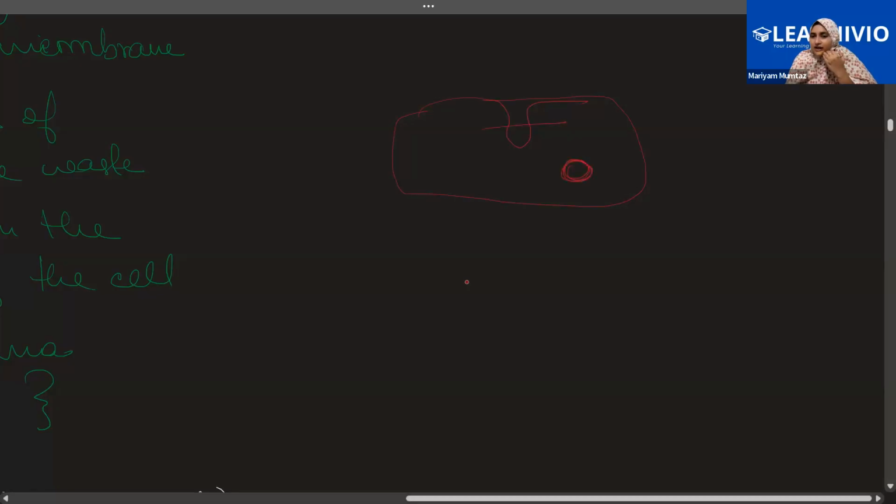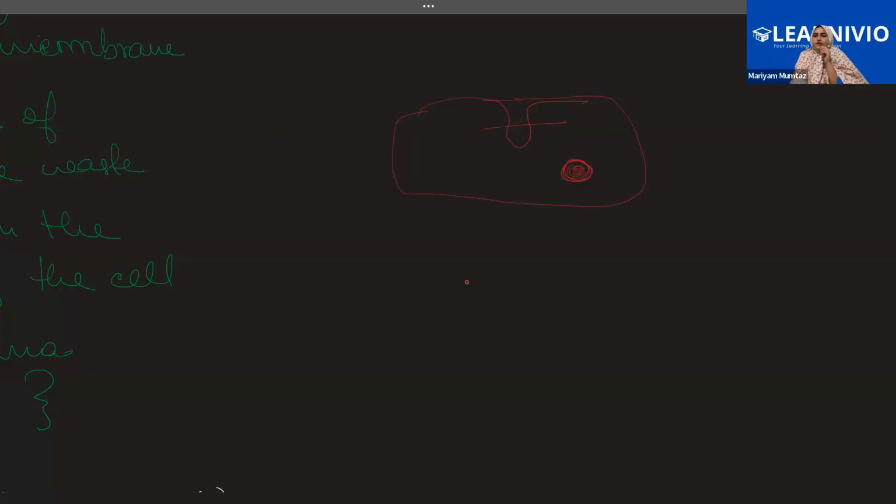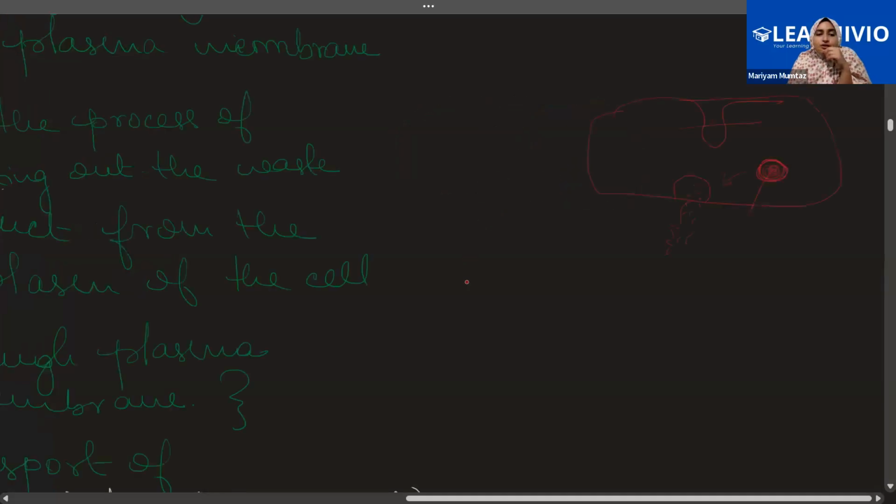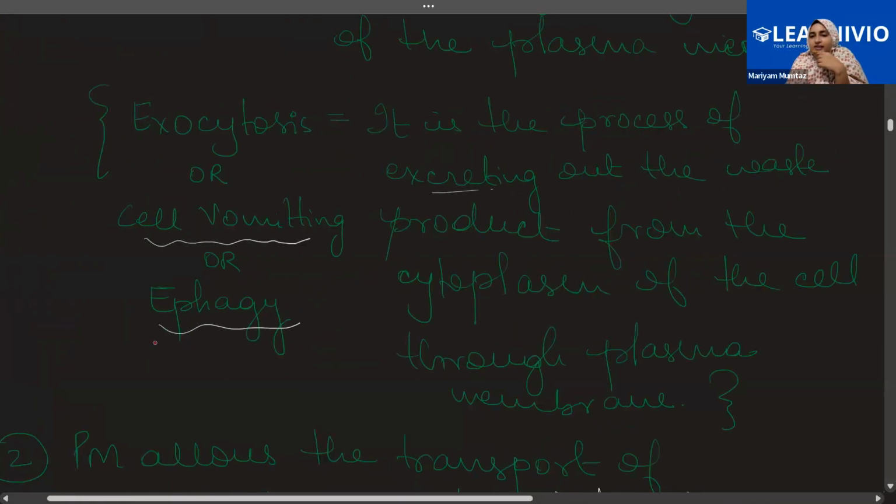So now the stuff that was supposed to come inside is present inside this, in the form of vacuoles or vesicle-like structures. When the cell needs to excrete it out, this vesicle will come to the plasma membrane again, fuse with it, and the contents will be excreted out. Got it? So this is exocytosis. You can also call it cell vomiting or emesis.